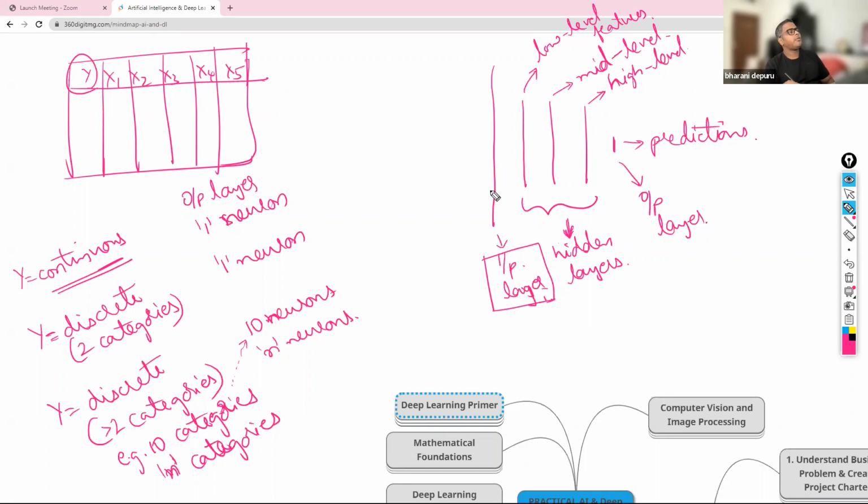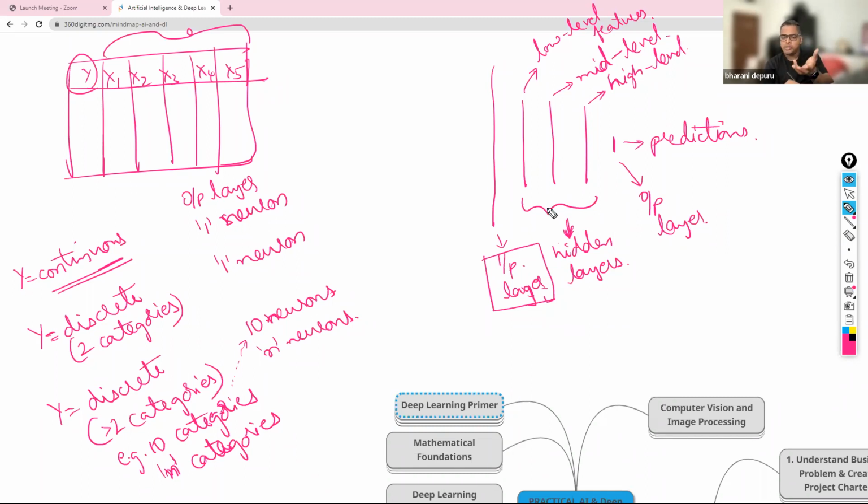So the number of neurons in the input layer depends on the number of inputs that you have in your data set, plus there will be one additional neuron which is called bias. In the hidden layers, you can have one hidden layer or multiple hidden layers.